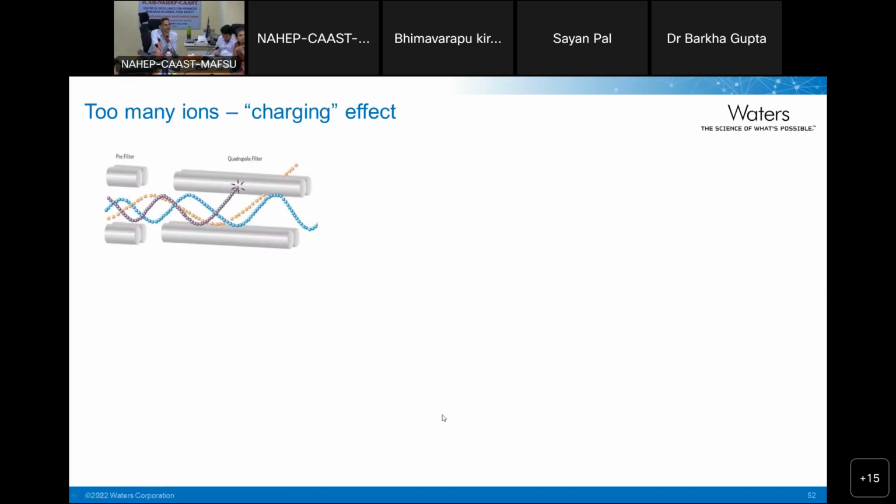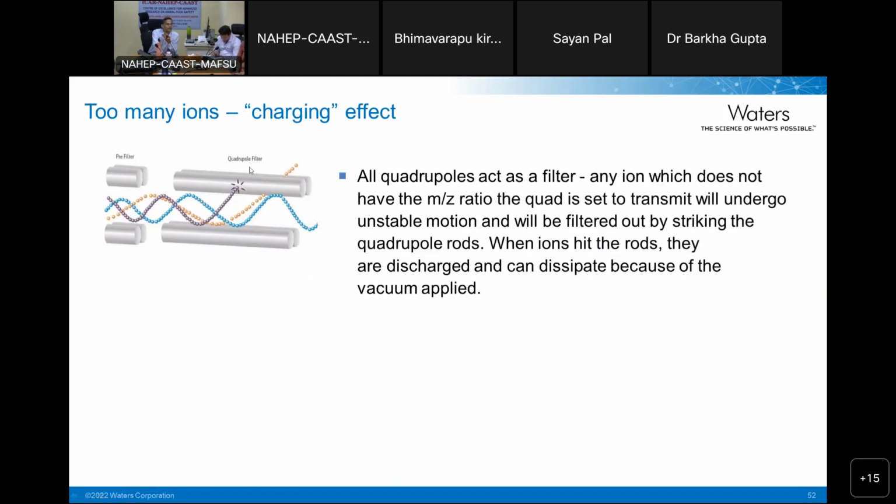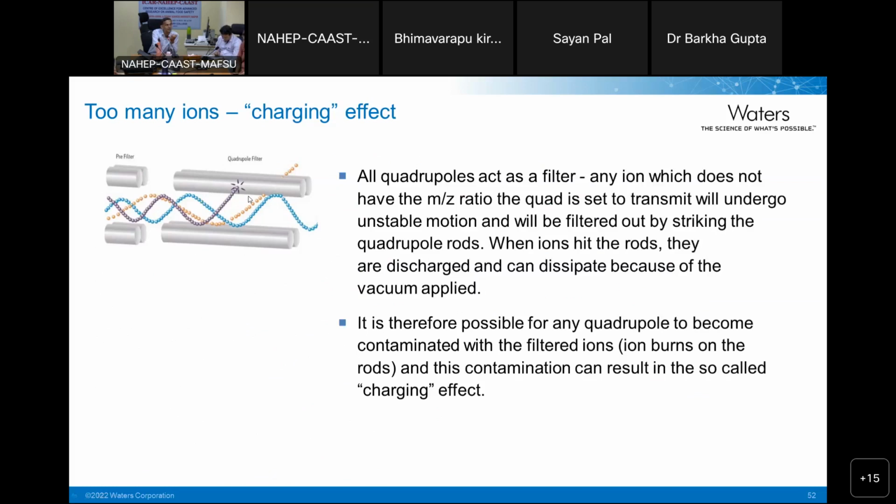The MS contamination: as we saw in the morning session, only the mass of interest is allowed to pass through your quadrupoles, and the rest of the masses will collide or go away in that quadrupole region. Where they go, they will be sticking onto these quadrupole parts.